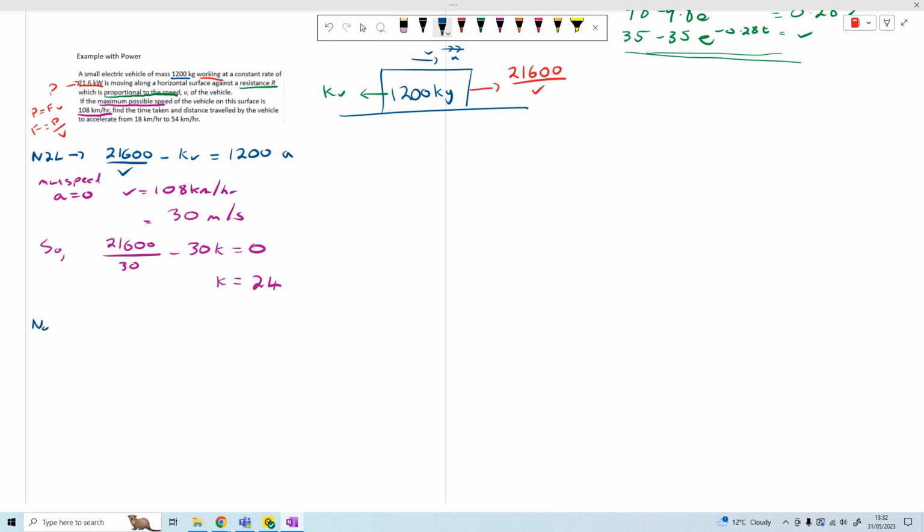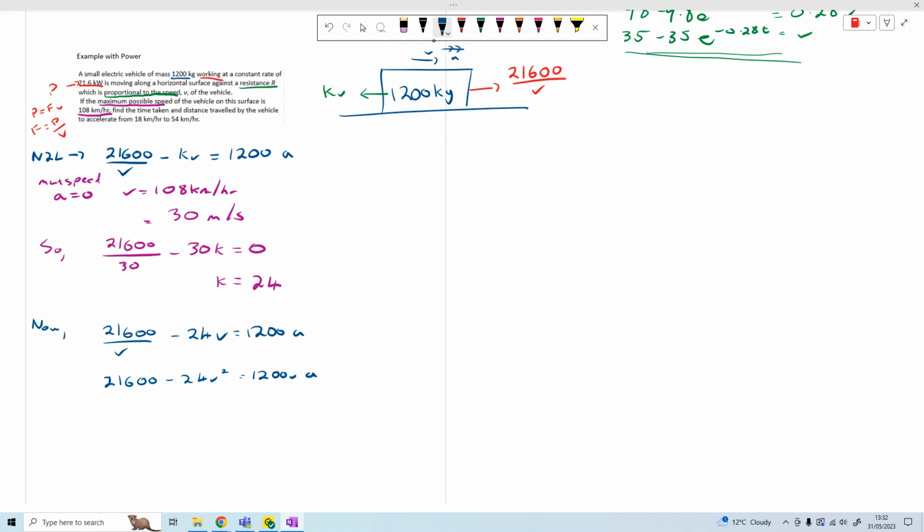Now let's put it back in. 21600 over V minus 24V is 1200A. Now I'm going to rearrange this equation before I do anything. I don't like this fraction, so let's times everything by V. And then I'm going to try my best to get rid of some of these numbers.